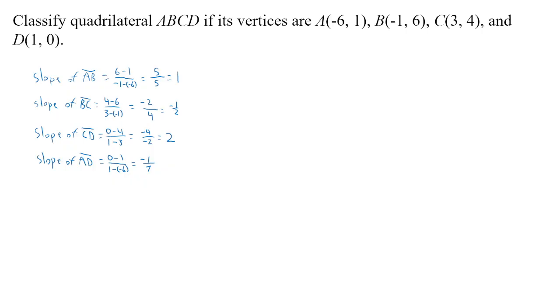So the possible quadrilateral we can have is a kite. But let's make sure it is. And to do that, we're going to use the distance formula to find the length of segment AB.